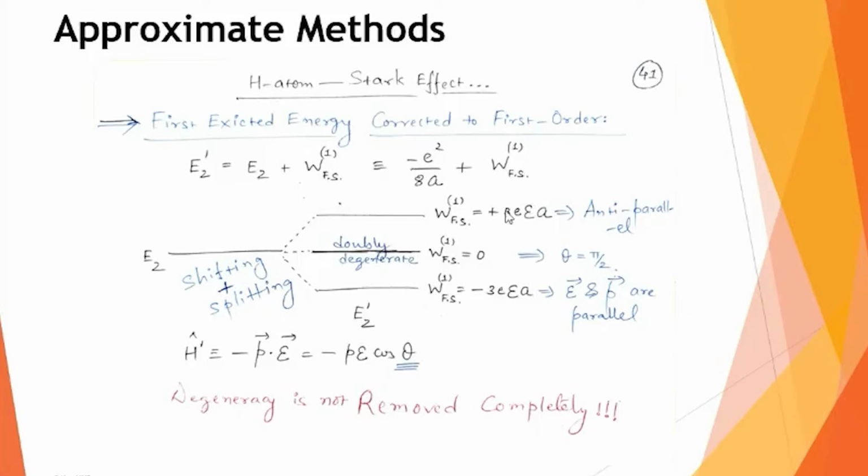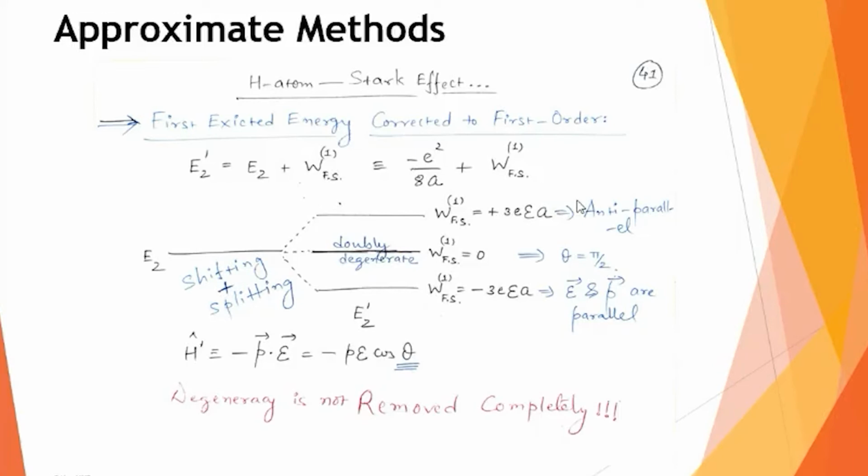Whereas in the top one, where it is positive, minus and minus can make it plus. So this cos theta must be pi. Pi means it is anti-parallel. So this situation indicates that the electric field and the electric dipole of the hydrogen atom are anti-parallel. One is, let us say, from left to right, then the other is in the right to left direction.